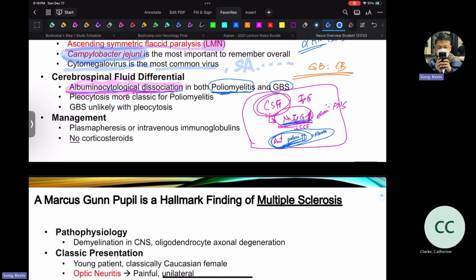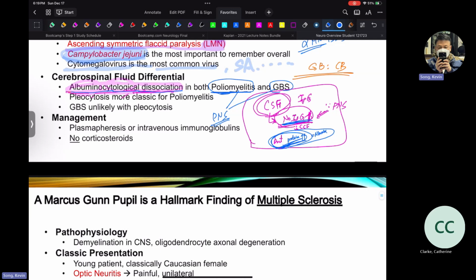Polio is also a PNS problem, because of lower motor neuron involvement. So polio and Guillain-Barré are both PNS problems, exactly the same thing.